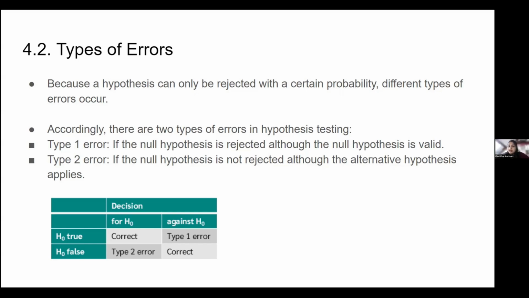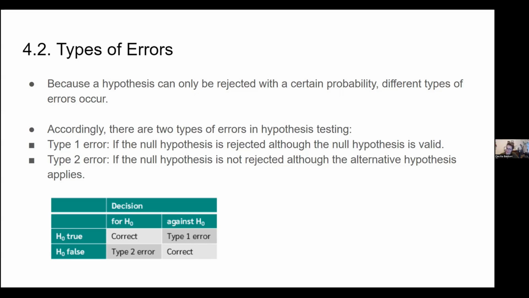So what you should do now: I gave the claim, the null hypothesis and the alternative hypothesis. So what could be the type 1 error? Type 1 error: the drug does have an effect. So we reject the null hypothesis that it has no effect, but in actuality, it does not.